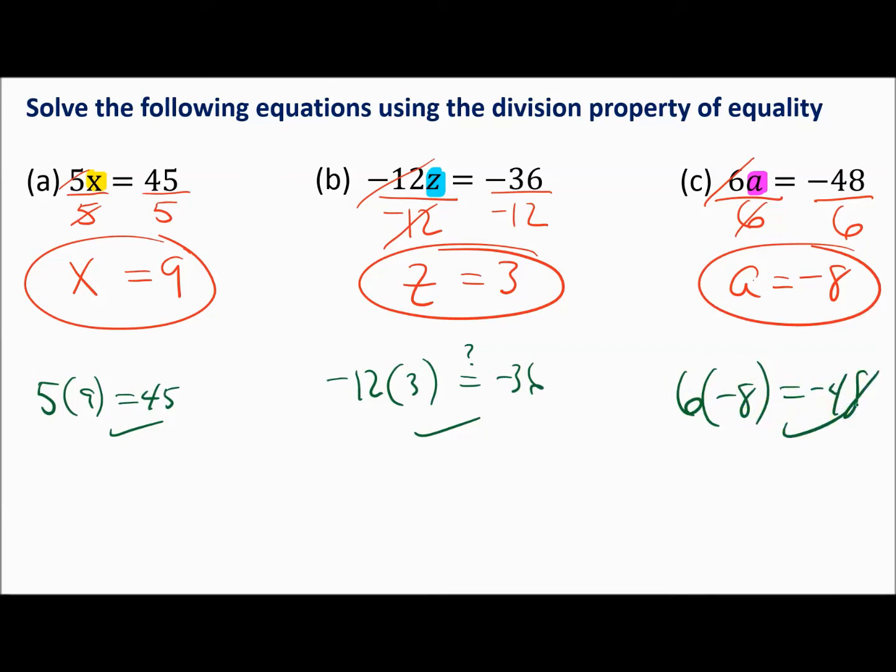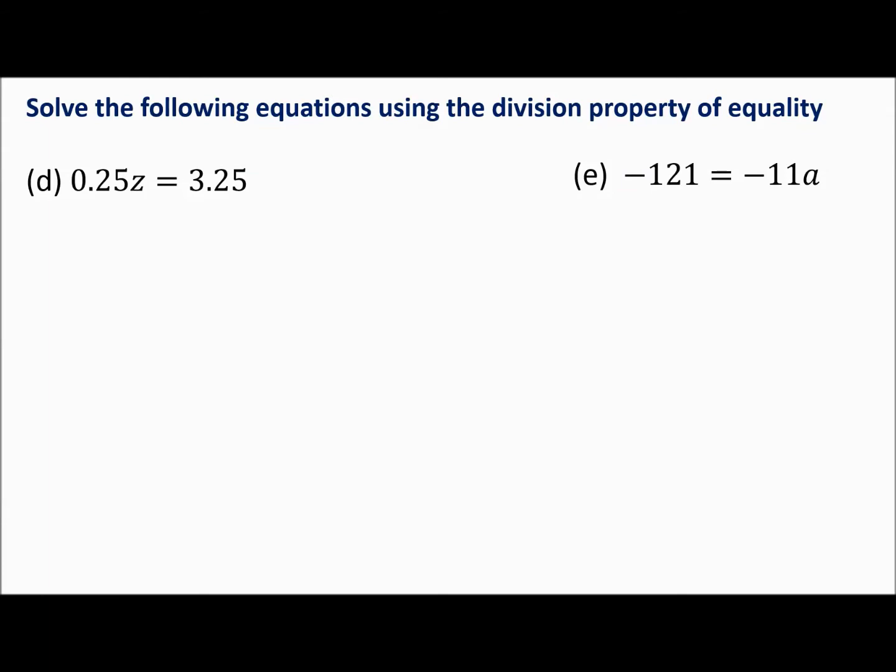That checks out. Now, D is really just like A, B, and C that we did. The only difference is it's got decimals. Now, if you've got a calculator on you, that is really nothing to be concerned about at all. I need to get rid of this 0.25 or 25 hundredths that's times this z. So to get rid of multiplication, I do the opposite. I divide by 25 hundredths on both sides of the equation.